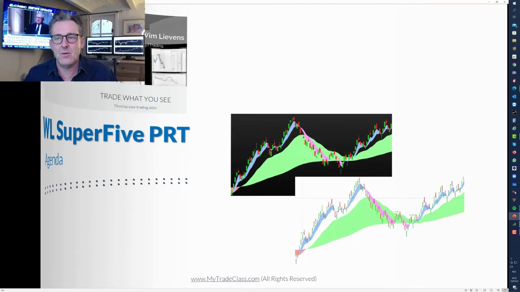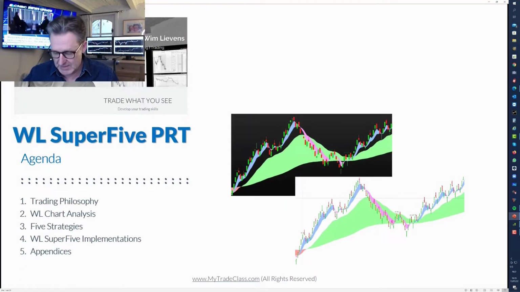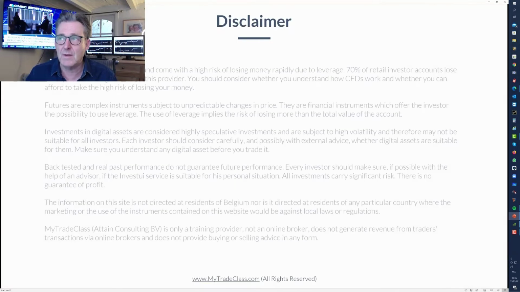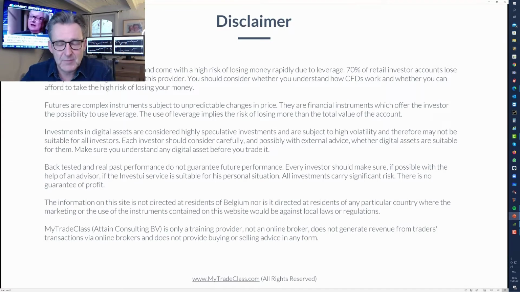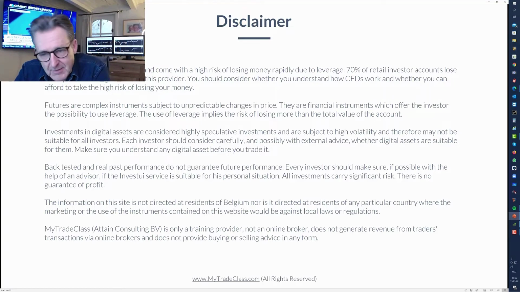Okay, now as always we have to start with the disclaimer, something that I personally take very seriously. When you trade products on margin, CFD, forex, futures or others, you should know the risks. Beware that the positions that you might take are substantially larger than the size of your account, and this can be a good thing but also a dangerous thing.